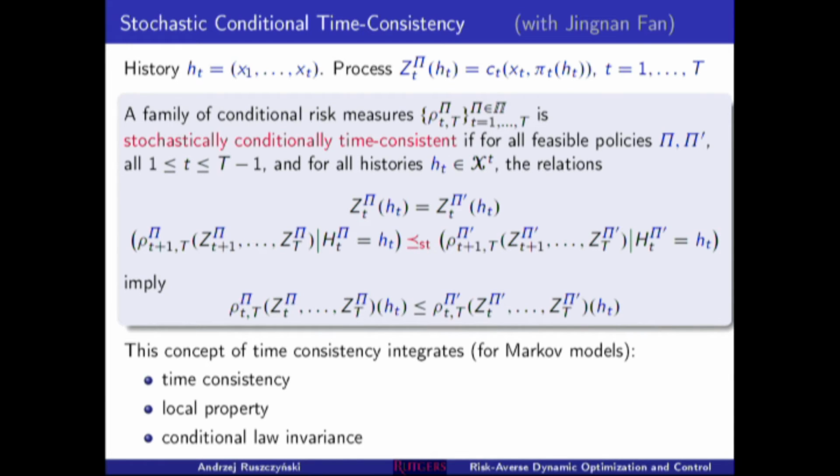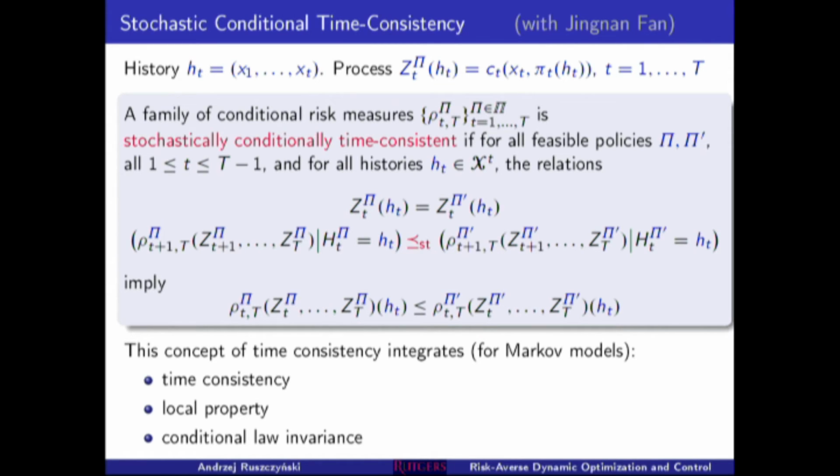Whenever two policies, pi and pi prime, give me equal cost at the current time, given current history H, and the risk counted from the next stage of the cost sequence under the first policy, pi, is stochastically smaller than the risk of the second policy, pi prime, then we have to look at the risk of the first policy at time t as smaller than the risk of the policy pi prime at time t.